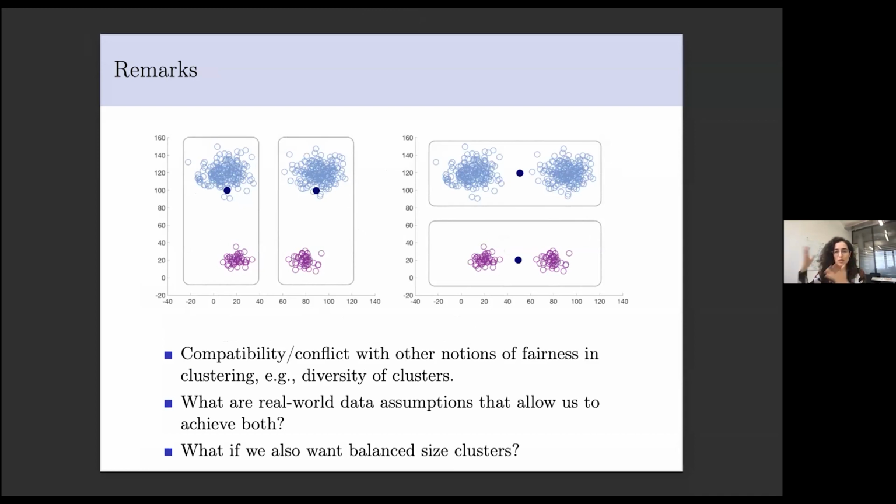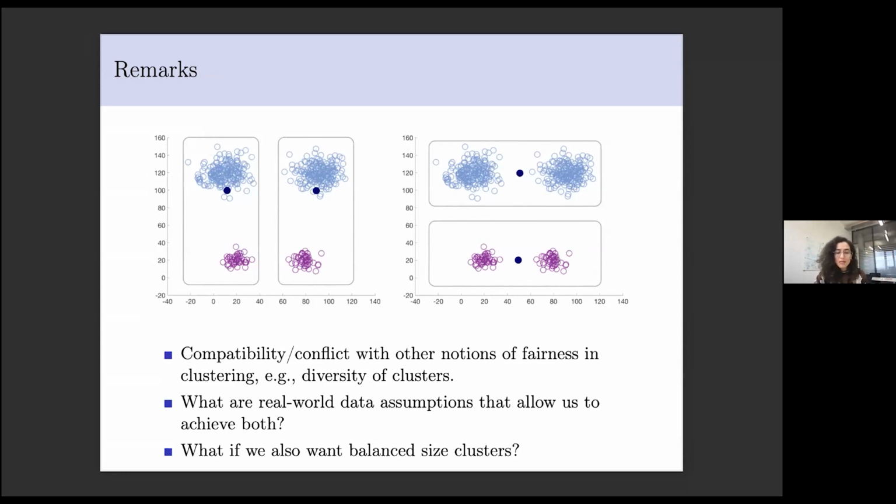One of your clusters is only the blue points, the other cluster is only the purple points. In general, it would be interesting to study whether our notion of fairness is in conflict with the other famous notion of fairness for clustering, which has been proposed by Chierichetti et al., referred to as proportionality of clusters, which essentially means that whatever distribution of demographics you have in your data, you want to have that distribution in each of your clusters as well.